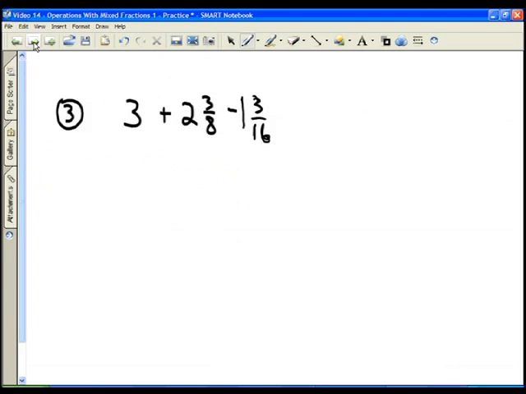And the last practice problem now is 3 plus 2 3/8 minus 1 3/16.